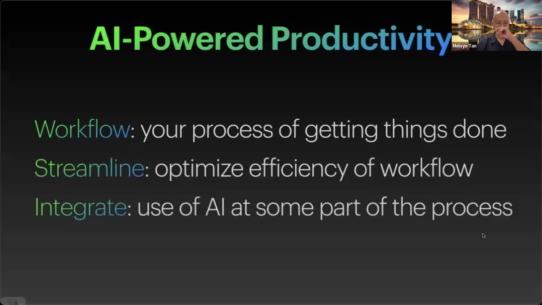And of course, the other word that I'd like you to pay attention to is integrate. What is integrate? In the past, you probably had to first come up with an idea, then write it down in point form, and then from point form expand it into a full-length article.